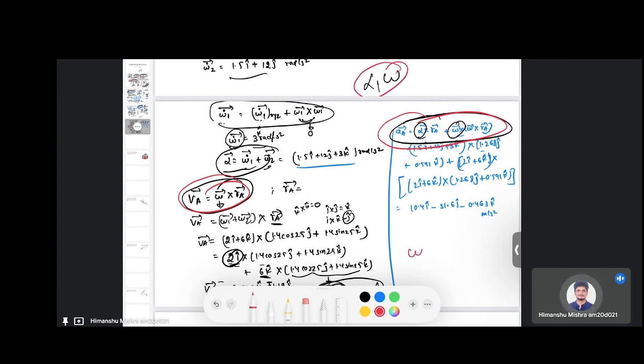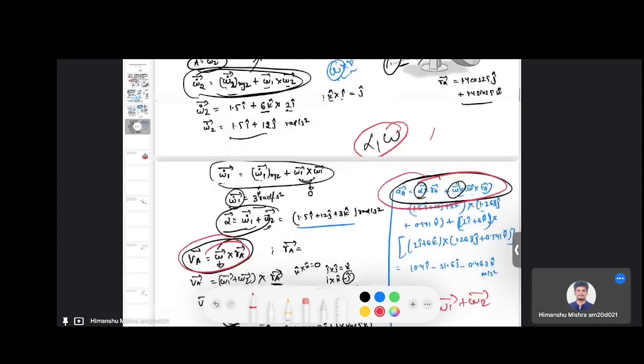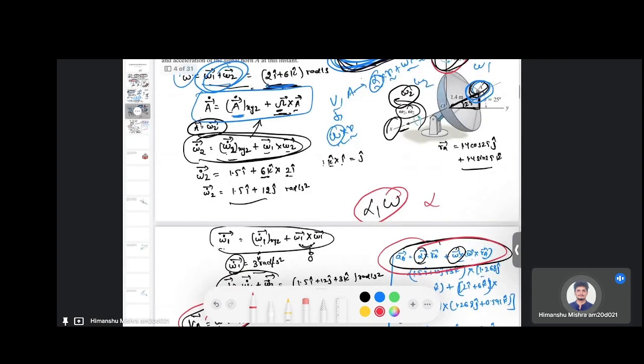Omega can be given by the summation of omega 1 and omega 2 if you are given the components of angular velocity in the two directions. And to calculate alpha, you use this expression here. That's all. So just keep in mind your end goal, which is translation velocity and acceleration. What are the quantities you need to find to calculate v and a.